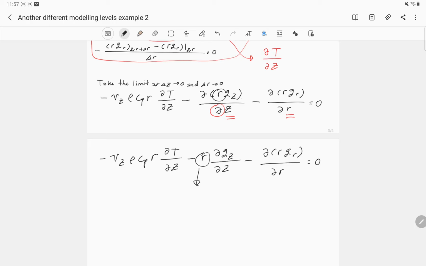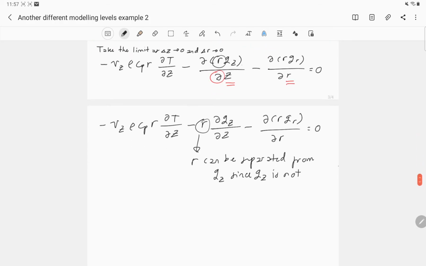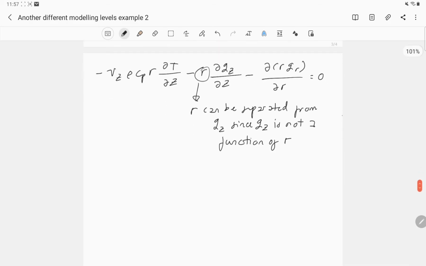So this can be taken out because r can be separated from qz, since qz is not a function of r.